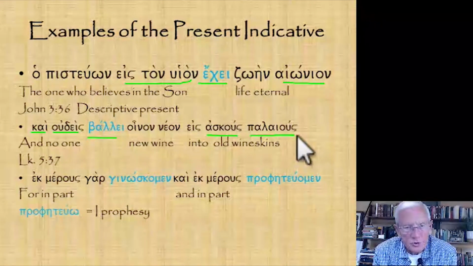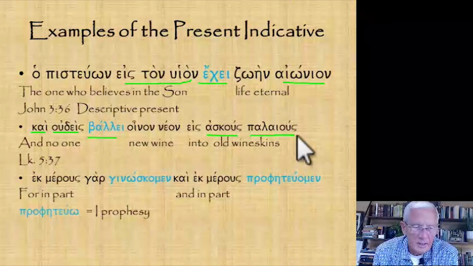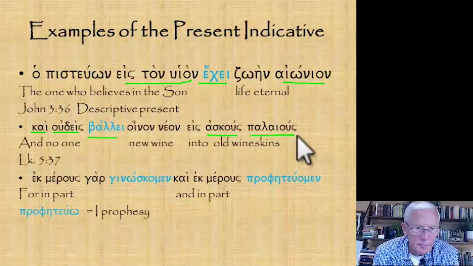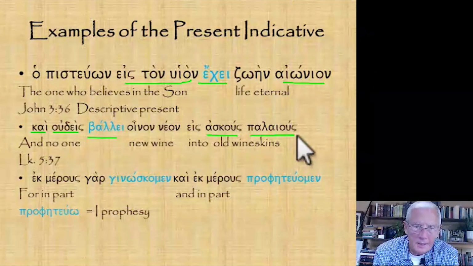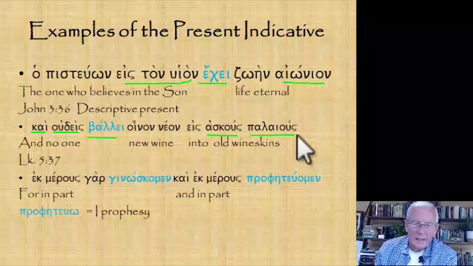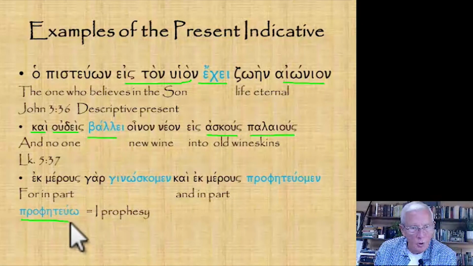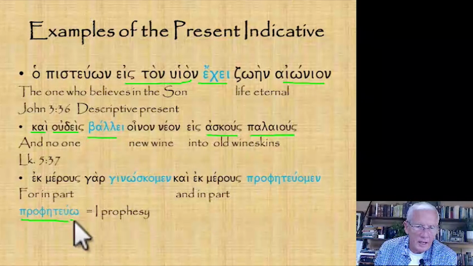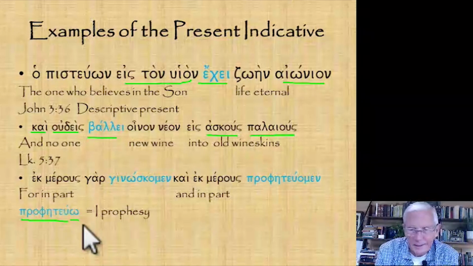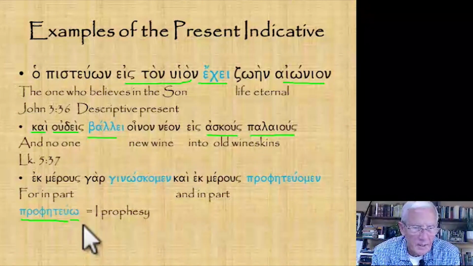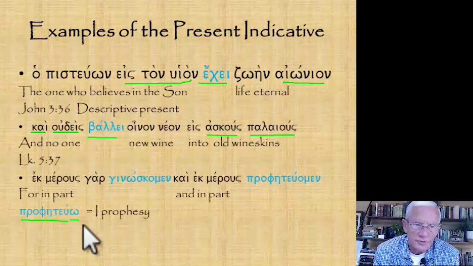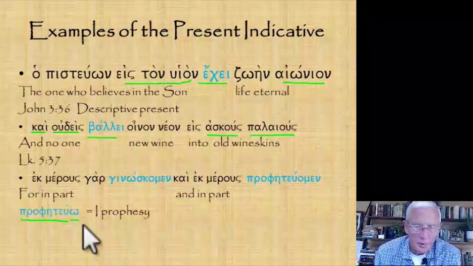And finally, from 1 Corinthians 13, let's pronounce it. Ek merous gar ginoskomen kai ek merous propheteuomen. Now, here's a verb down here we haven't had yet. We have propheteuo. That means I prophesy. There's the stem, and the omega is the ending. So the first part there, ek merous, means in part, and gar means for, and you put it together, for in part.